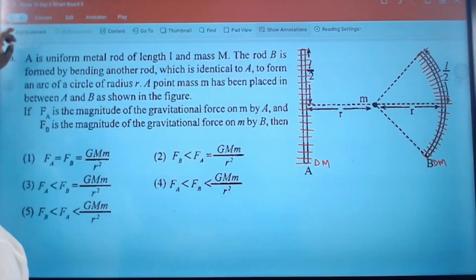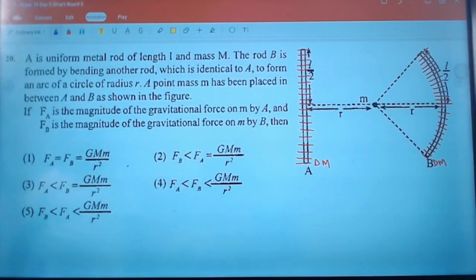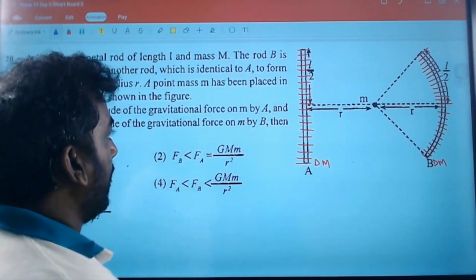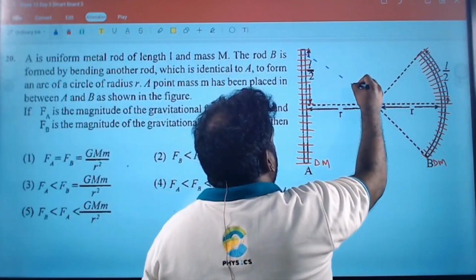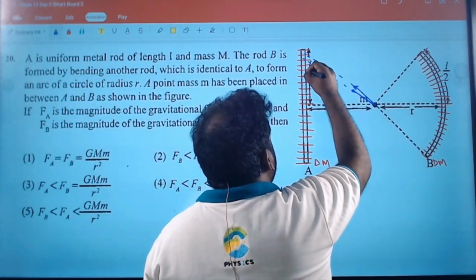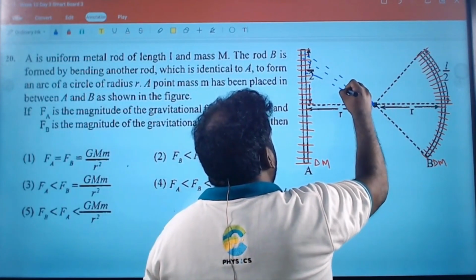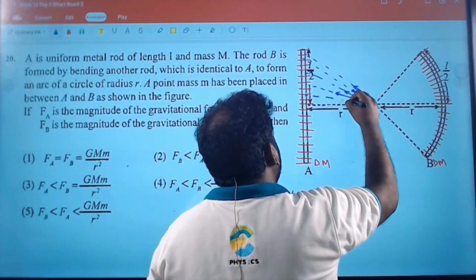What are they asking you? They are asking you to find the gravitational force on M by A. Here there is a force.